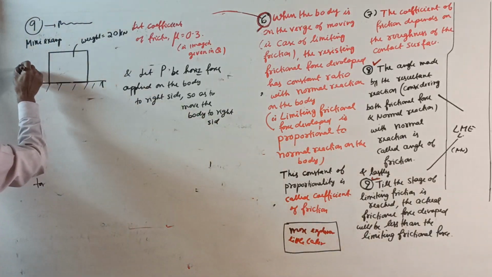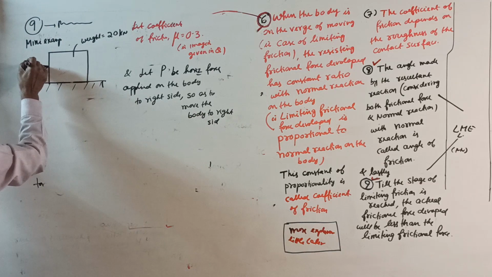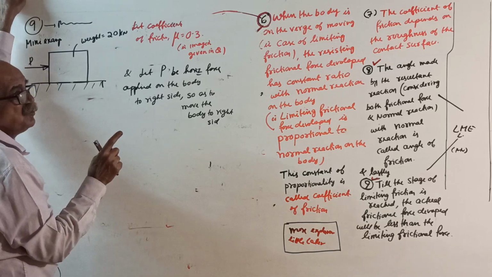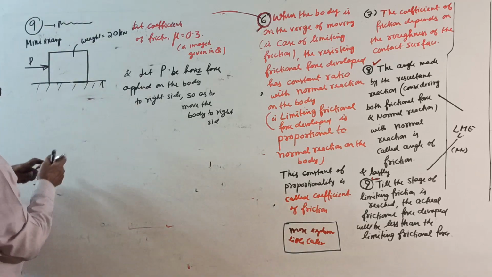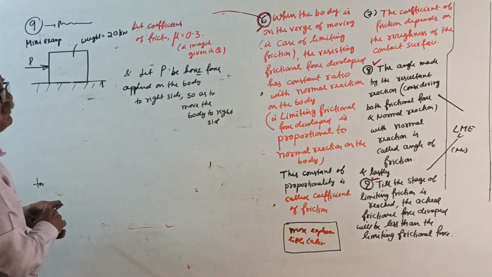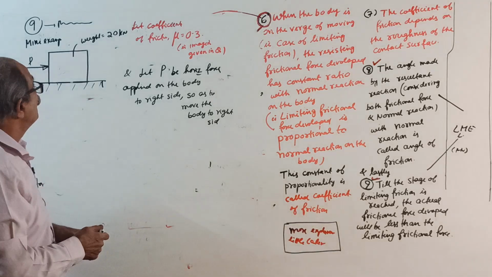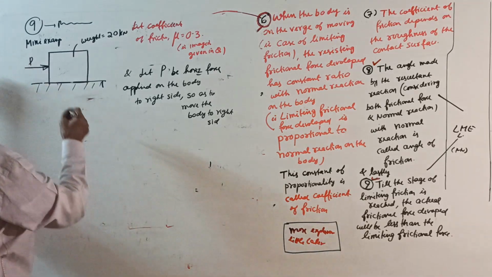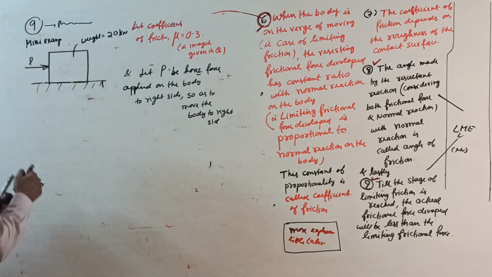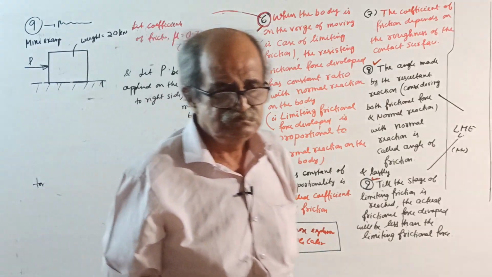This is the horizontal force P. Then automatically resisting frictional force will come. Wait, I'll do one thing now. I'll remove this and put one more sketch and make it clearer, because concepts are there. I'll forget later. The 20 kilonewton load and mu equal to 0.3 are sufficient for me.